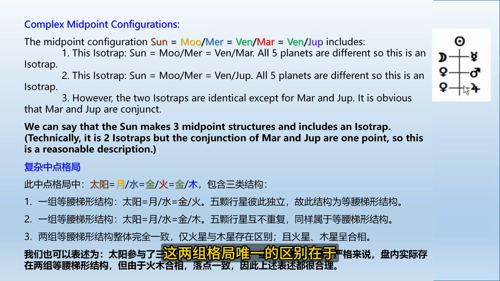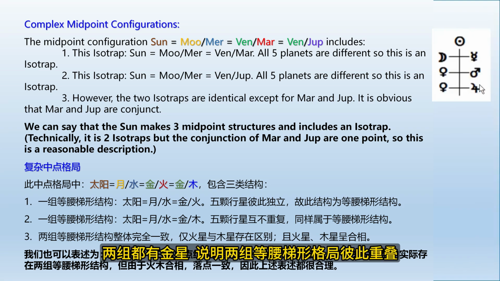Let me say that differently. These two isotraps, the Sun, Moon, Mercury, Venus, Mars, and the Sun, Moon, Mercury, Venus, Jupiter, they both share the planet Venus, so those isotraps are overlapping. They're not independent of each other.